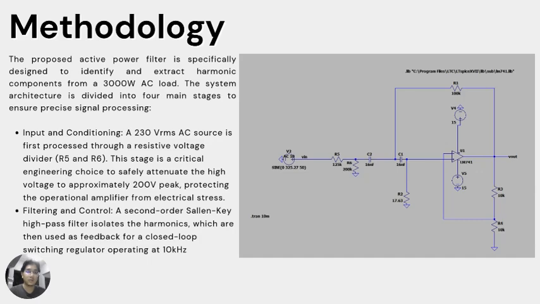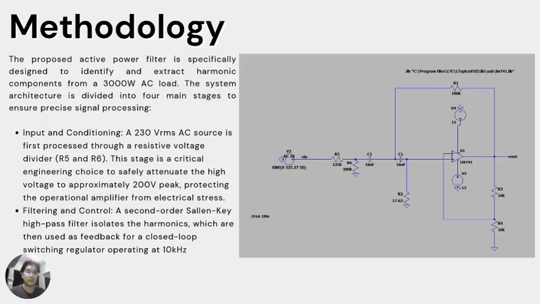The 230 VRMS AC source is first processed through a resistive voltage divider R5 and R6. This stage is a critical engineering choice to safely attenuate the high voltage to approximately 200 volt peak, protecting the operational amplifier from electrical stress. For the second point, the filtering and control.